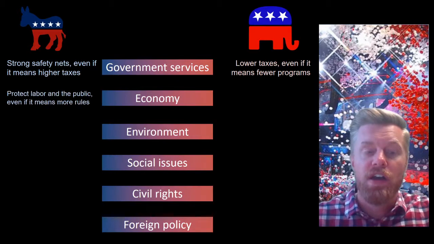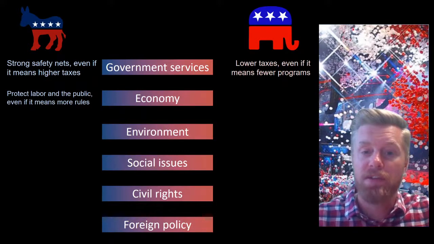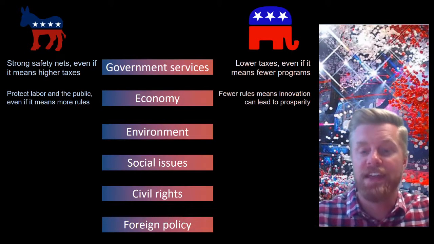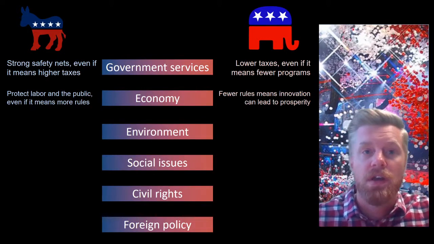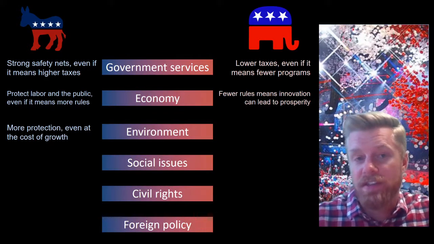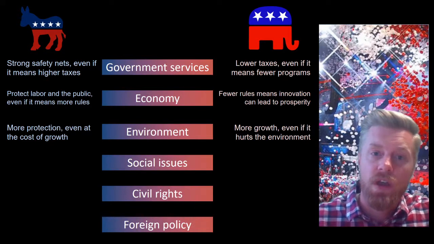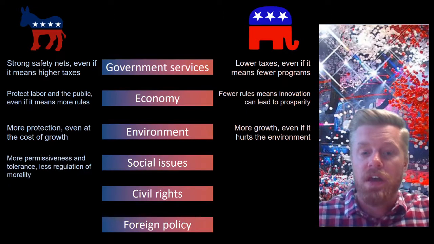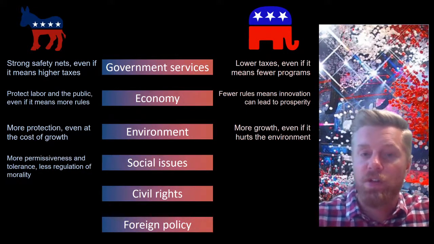On the economy, Democrats generally favor protections for labor and for the public, even if that means more rules, more regulations. And Republicans generally favor fewer rules, saying that innovation will lead to prosperity if you get rid of the rules. On the environment, Democrats generally favor more protection, even at the cost of some economic growth, and Republicans generally favor economic growth, even at the cost of the environment. On social issues, Democrats generally favor more permissiveness, more tolerance, less regulation of morality.